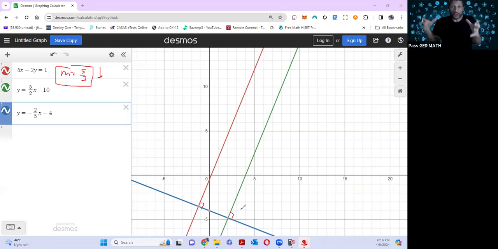So now, visually, you can see that 5/2 and 5/2, when the slopes are the same, the lines are parallel. For the green and the blue, the slope is 5/2. The slope here is -2/5. These are perpendicular. So this is why I write them like that. The slope of this perpendicular line is -2/5. So you have to know that.